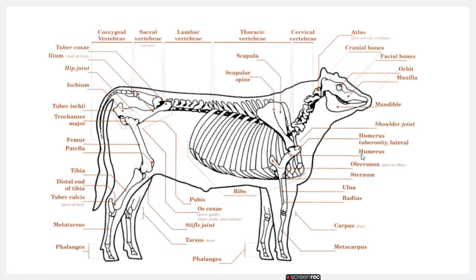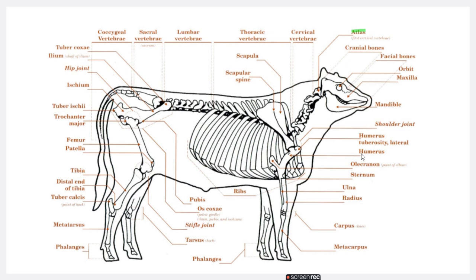Moving forward and talking about this animal, you are seeing its anatomy, and mainly we are studying its osteology, its bones. Number one, we have the atlas. We are talking firstly about the vertebrae.